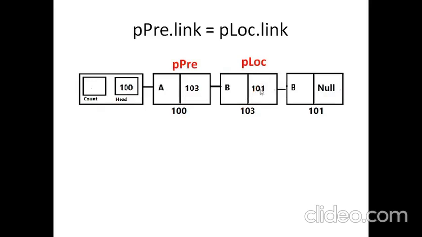You can see that 101 is copied into this node and this connection is now modified, so that 100 is now pointing to 101 instead of 103, and this node gets automatically removed from the linked list. So in this way we can perform the insert and delete operations just with a few lines of code.